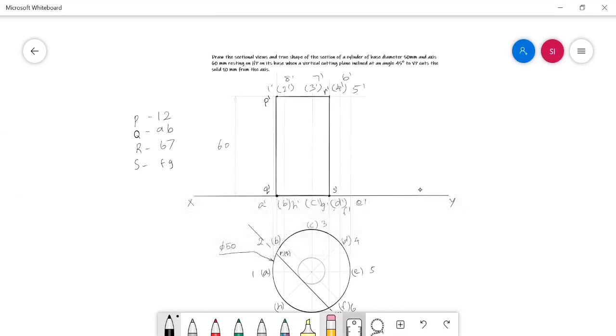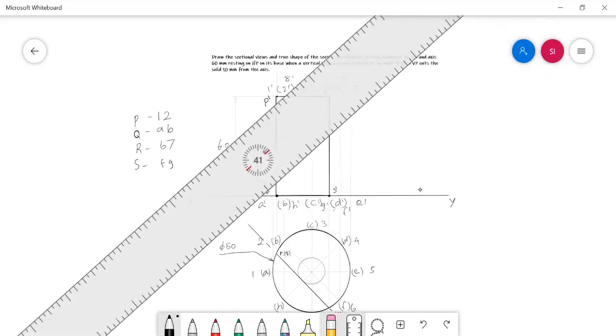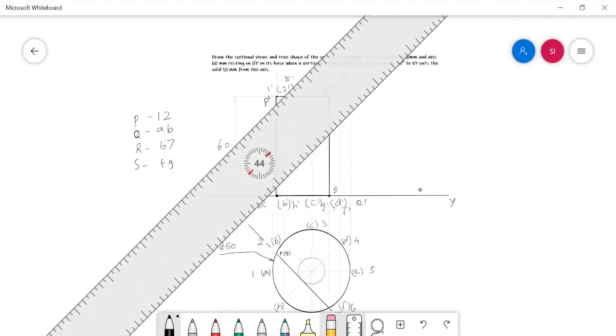And then we need to hatch the surface bound by connecting the cut points.